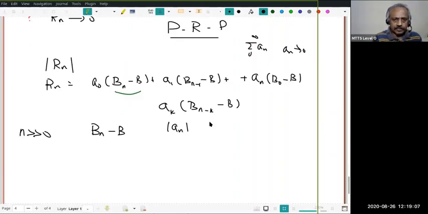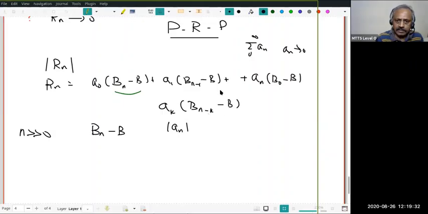But each of the terms has a product of two things: something which involves mod a_n and something which involves mod (b_n minus b). So there has to be balance. You understand that? When I look at the b term, b_n minus b term, then I want n to be large. But then the corresponding a term will be small. Look at this term, a_k into (b_{n-k} minus b).